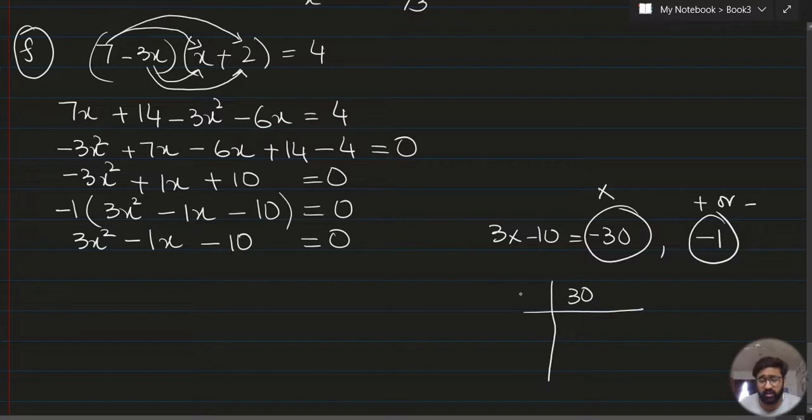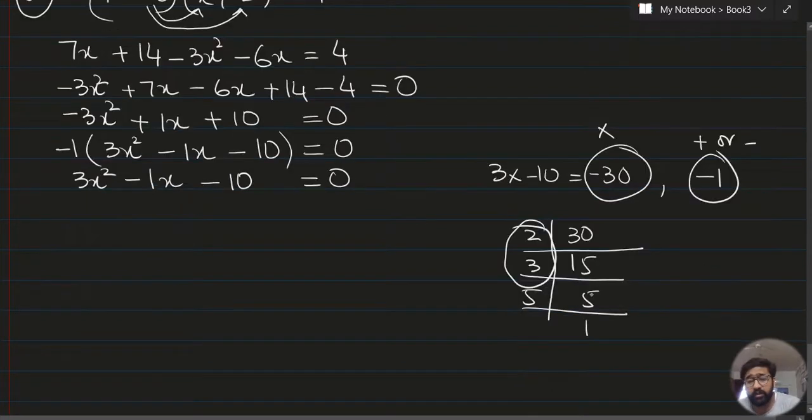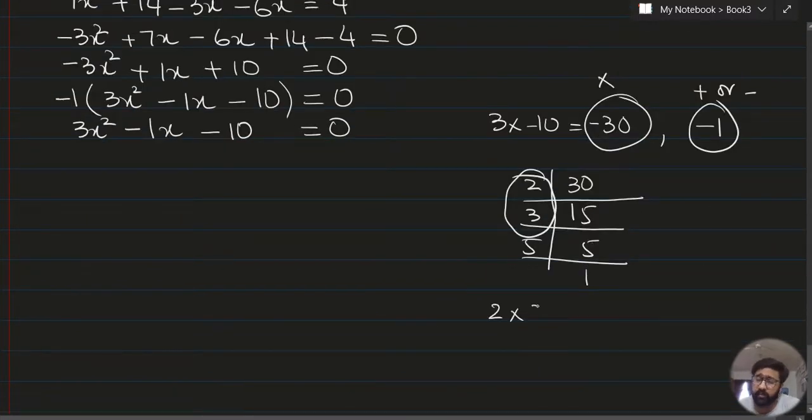The prime factorization of 30 is 2, 3, 5. So let's make the pairs as 2 and 3, one pair, and 5 is the other pair.